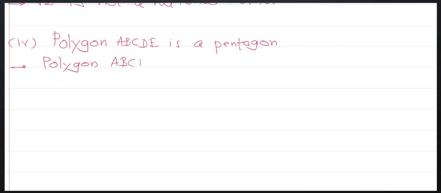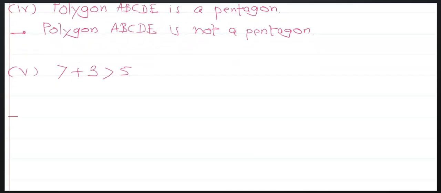Polygon ABCD is not a pentagon. Next, 7 plus 3 is greater than 5. 7 plus 3 is not greater than 5.